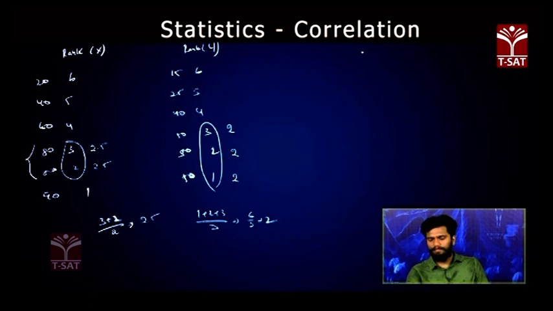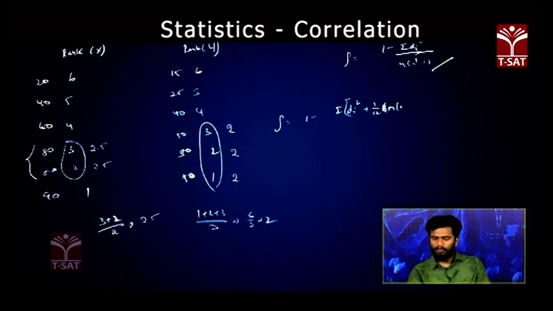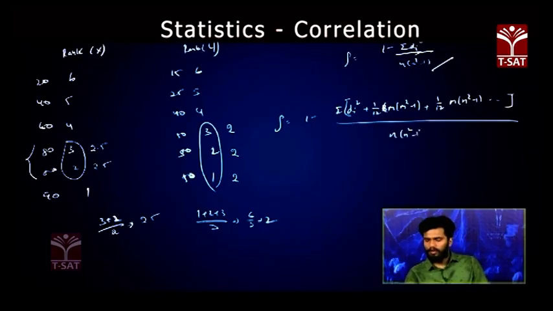Now in general, if there are no ties, we have seen the rho value is 1 minus summation di square by n into n square minus 1. But in case of ties, we cannot use this formula. So there is a small correction in the formula. See here, rho is equal to 1 minus summation di square plus 1 by 12 into m into m square minus 1 plus 1 by 12 into m into m square minus 1, and so on, divided by n into n square minus 1.